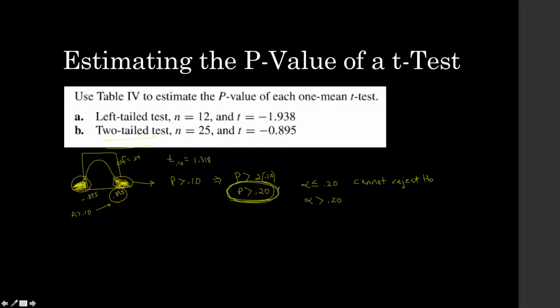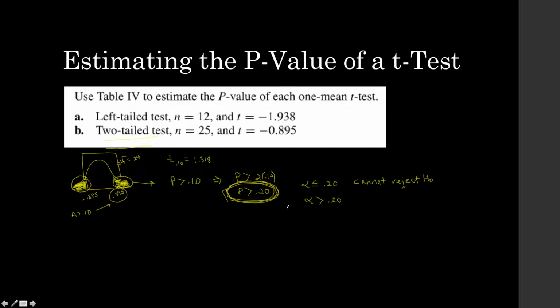If the p-value could be at 0.8, well, everything up to 0.8 could be an alpha, or everything on the other side of 0.8 could be an alpha. So we don't know. It gets real vague because this is an infinite interval here.